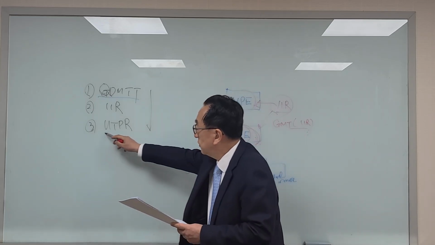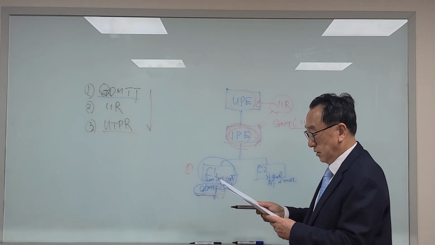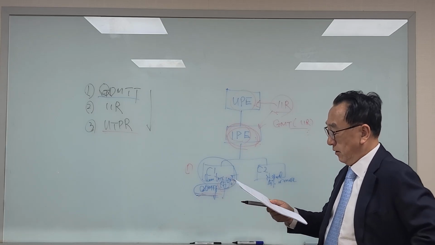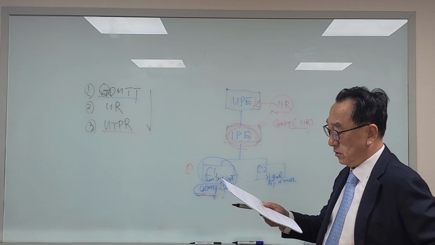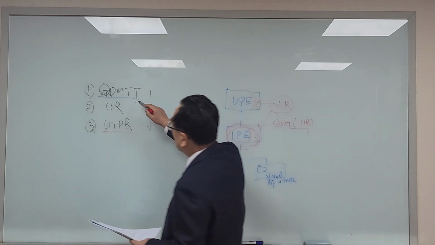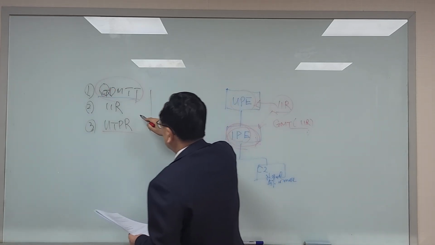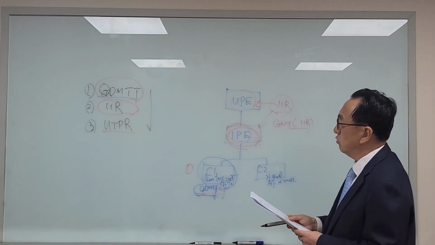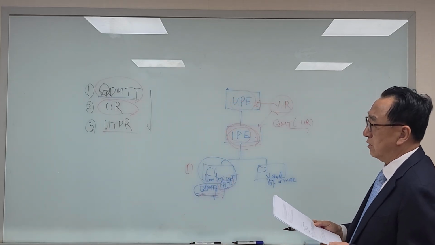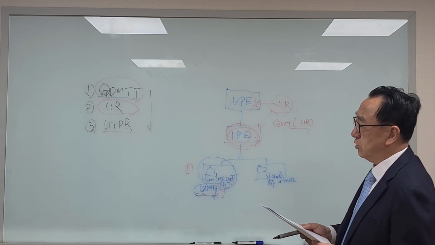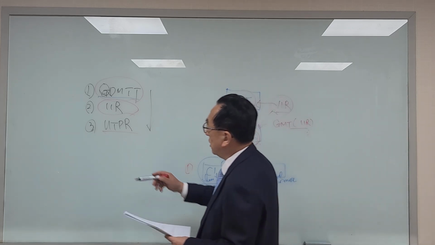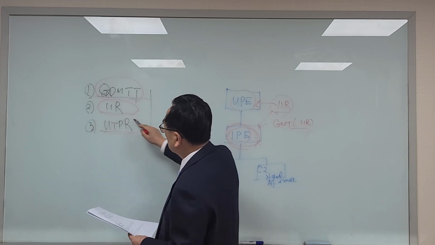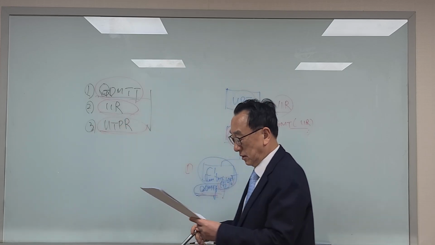And number three, UTPR. This mechanism allocates the remaining top-up tax if it is not fully resolved through step 1 and step 2. This is a complementary method. So if the top-up tax cannot be fully solved by step 1 QDMTT and step 2 IIR, then the final result will be UTPR.